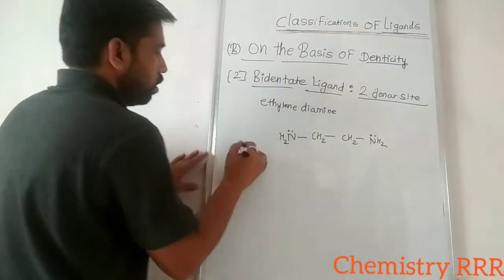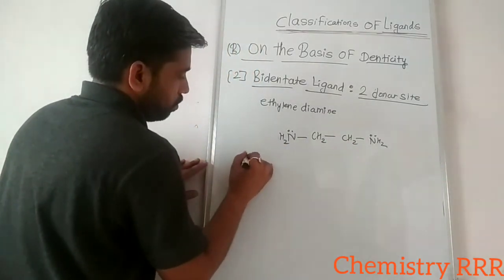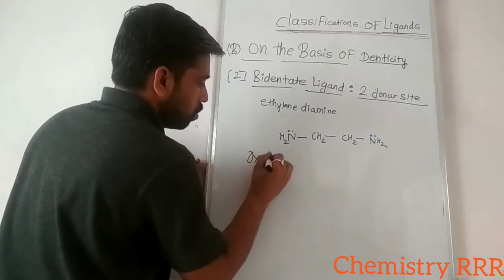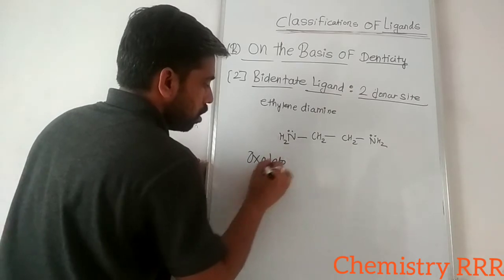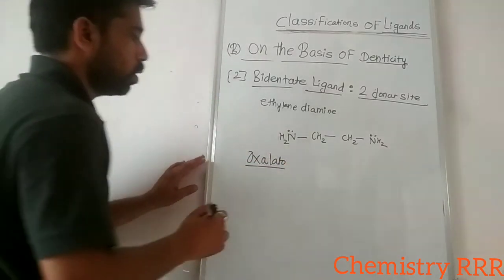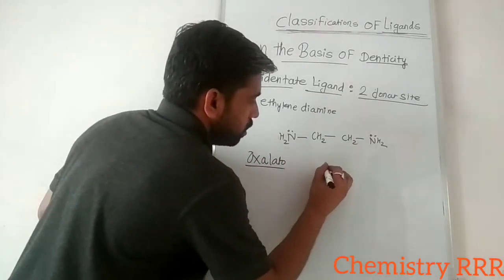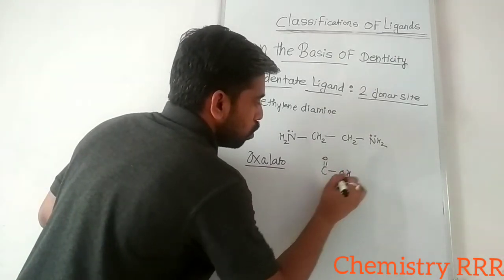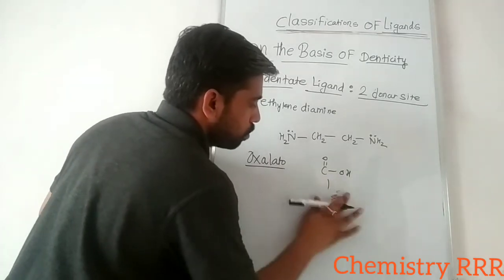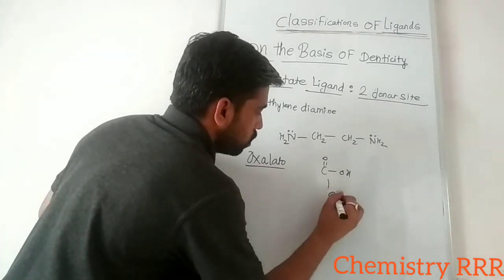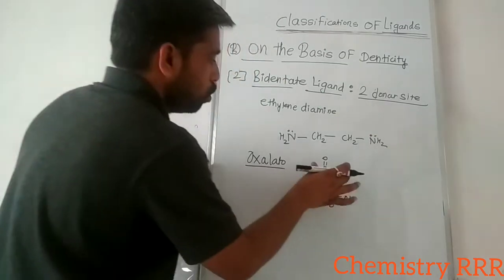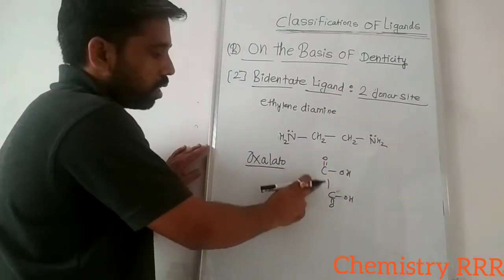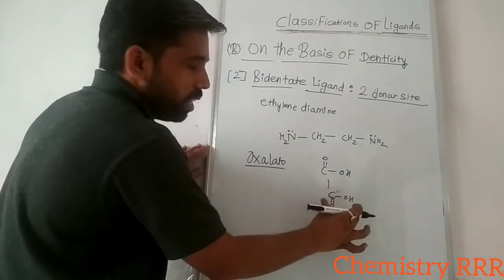Now let's see the next example, oxalato. You know the oxalic acid structure: C double bond O, OH, and C double bond O, OH. That is, two carbonyl functional groups attached to one another by a single carbon bond. This is oxalic acid.